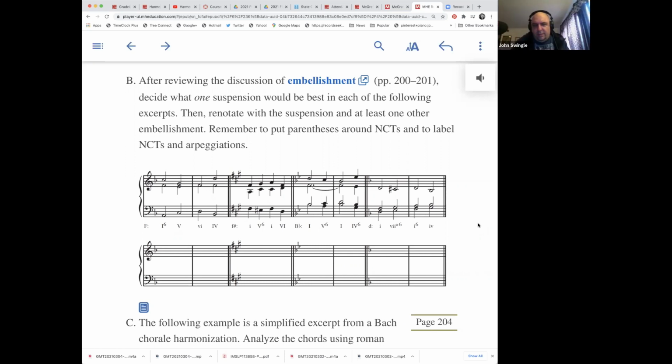In the second measure, could you put a D after the B? In the bass, or no, in the treble. You want a D right here? Yeah, for an arpeggiation. I was just wondering if that would work.